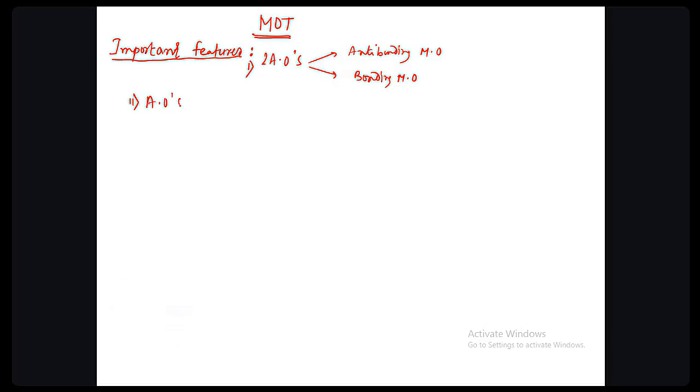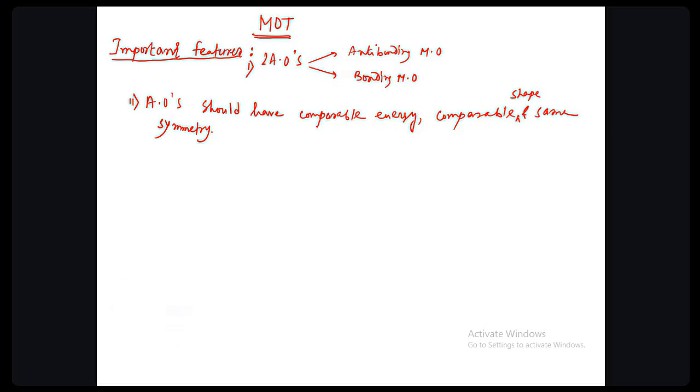Atomic orbitals should have comparable energy, comparable shape, and same symmetry. These are the three main features. That means the combining atomic orbitals which form bonding MO or anti-bonding MO must have comparable energy, comparable shape, and same symmetry. Comparable energy means degenerate orbitals.